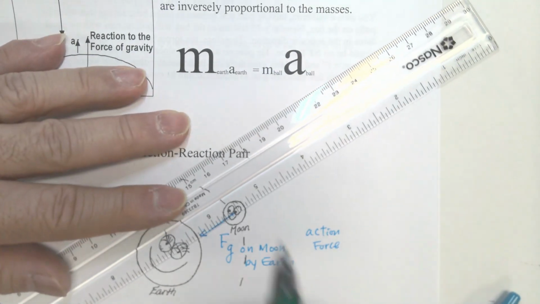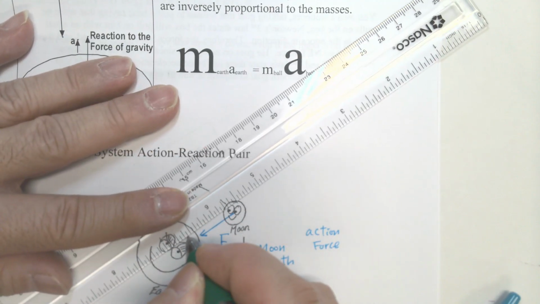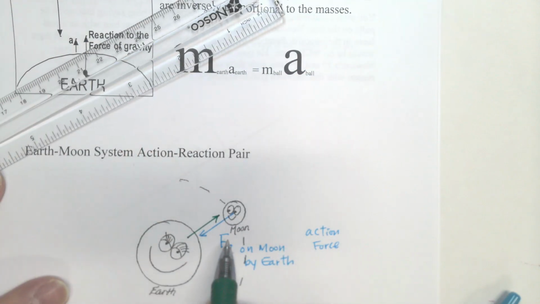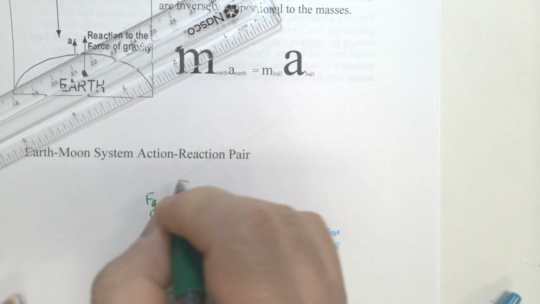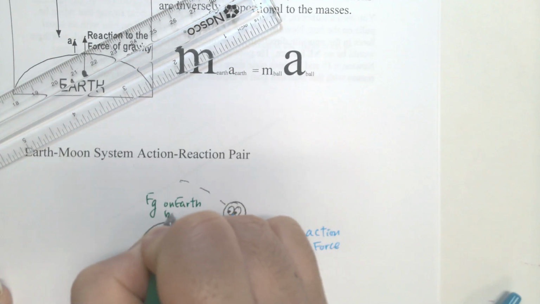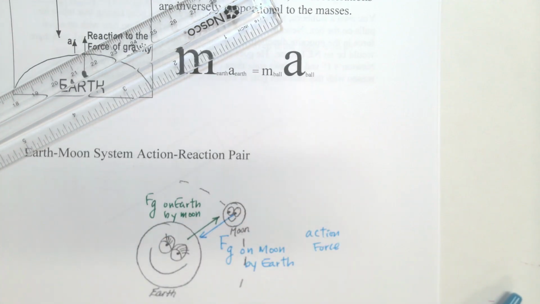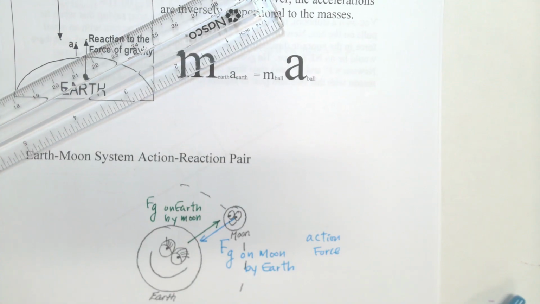The reaction force is the same amount of force, where Fg is being pulled by the moon. So Fg on Earth by moon. That's the action-reaction pair.